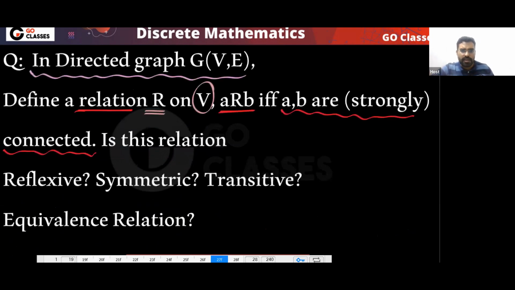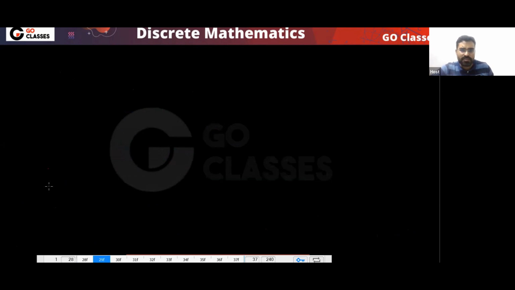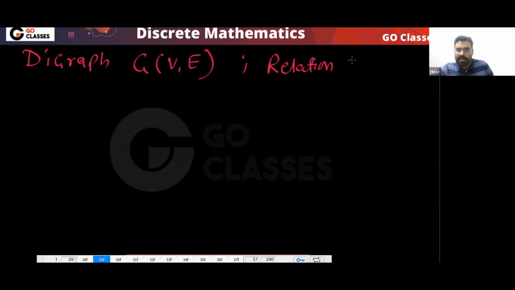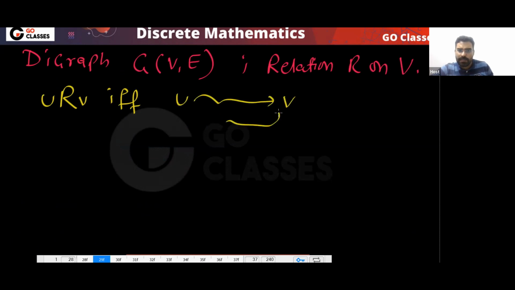On vertices, if you define this relation, can I say it is reflexive? Yes. Remember, you have a directed graph G with vertices V and edges E, and you are defining a relation R on the set of vertices: a vertex U is related to vertex V if and only if there is a path from U to V and a path from V to U, meaning they are strongly connected.